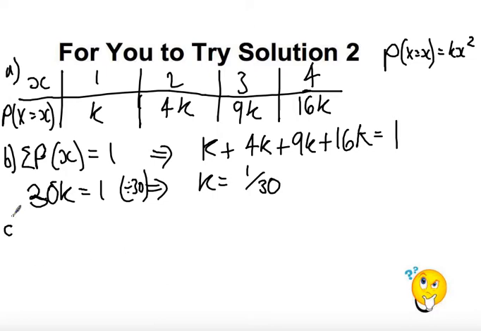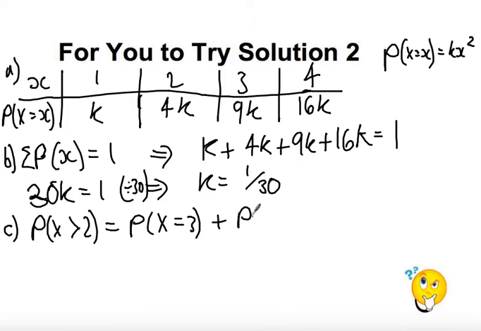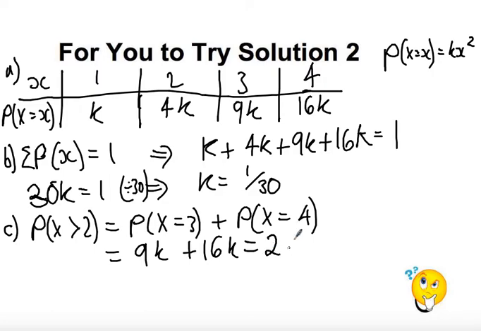Okay, so part C says, let's find the probability X is greater than 2. So how can I find that? Well, it's got to be either probability X equals 3 or probability X equals 4. So I'm just going to total up these probabilities, leaving it as k at the moment, and I get 25k.